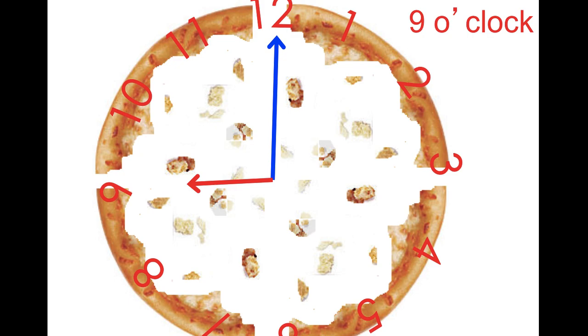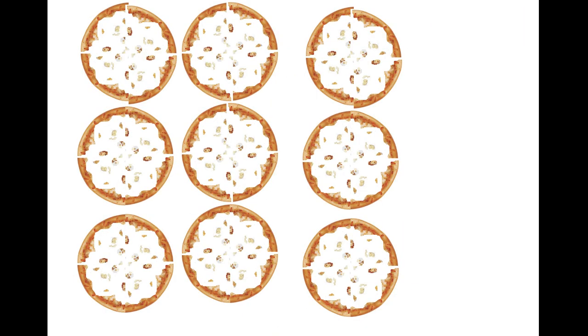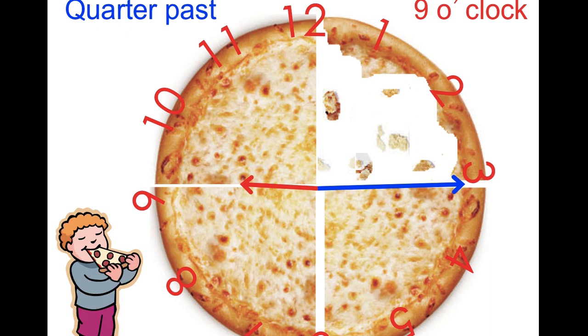Now it's 9 o'clock. 9 pizzas eaten. At 9:15, remember, don't get confused. The hour hand is short, the minute hand is long. So I don't want you to think this is 3:45. It's actually 9:15. 5, 10, 15. So at 9:15, 1/4 has gone by.